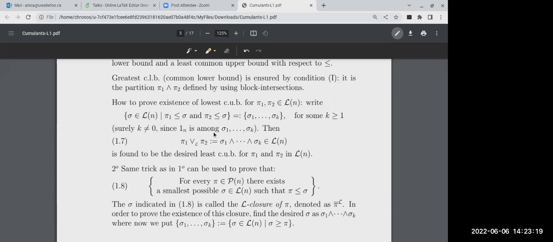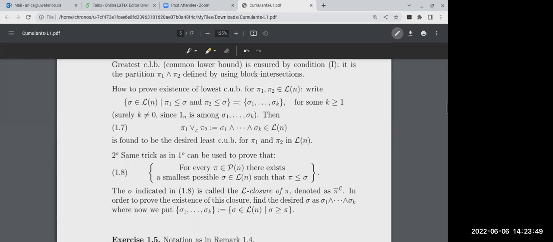Quite important that this is a non-empty set, and here it's important that we have 1n postulated to belong to L of n. You take this non-empty set of common upper bounds and you wedge it, and what you get is immediately seen to be the least common upper bound. So it's a lattice. Every L of n is sure to be a lattice.